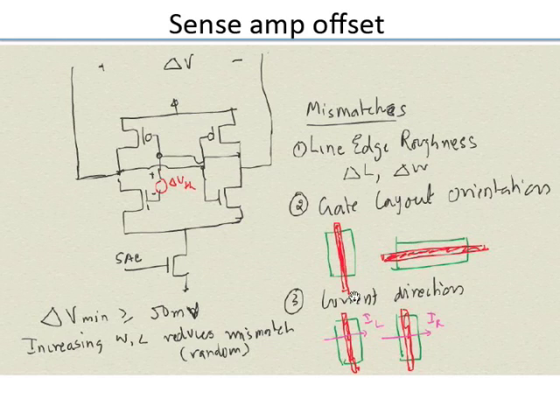Why? Because in processing, when they expose the wafer to radiation and particles which do etching and implantation, there will be a certain tilt. That small tilt will have a different impact on this and this. Similarly, current direction has to be the same.